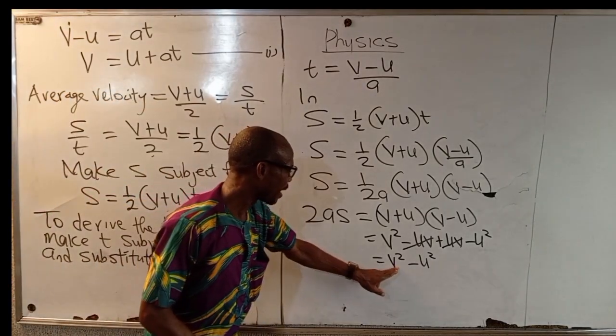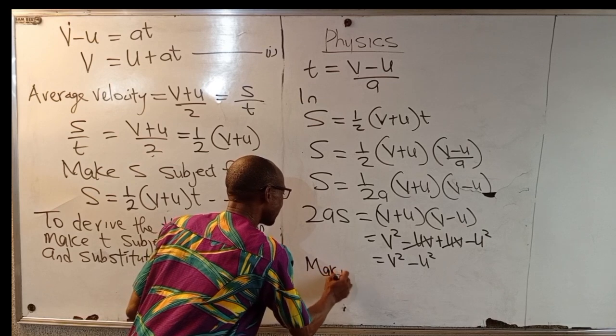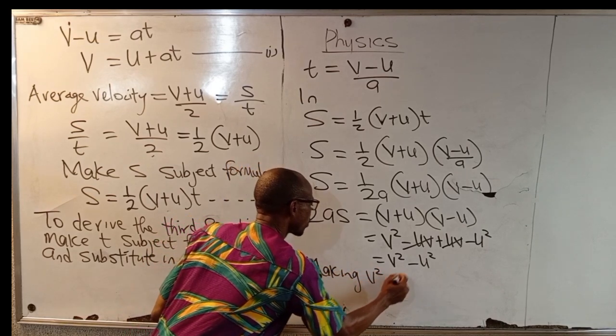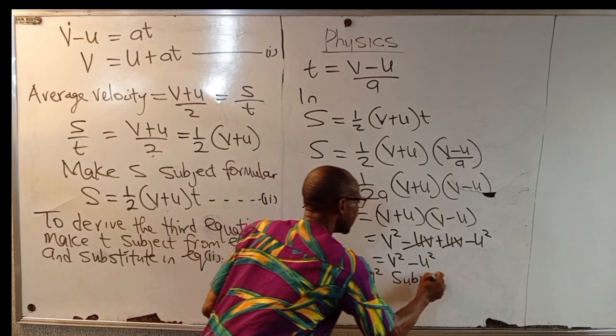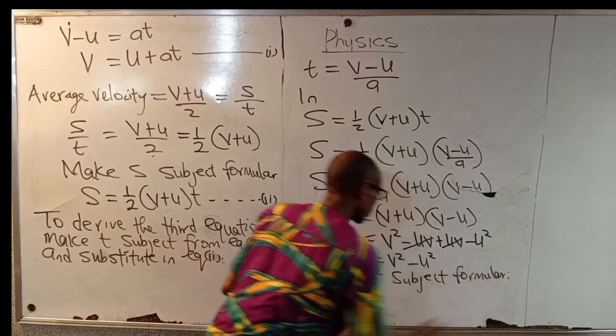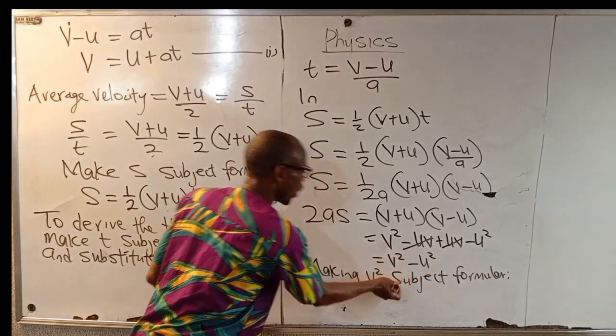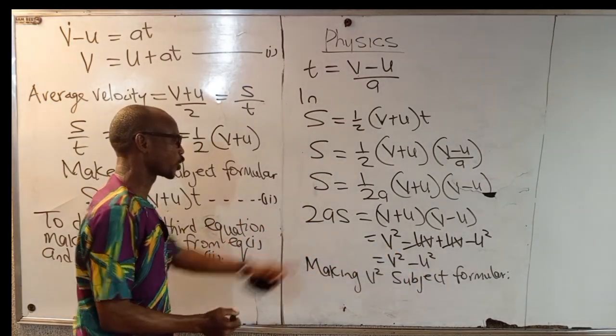If we want to make v squared the subject of the formula, our minus u squared will cross and come to the other side.